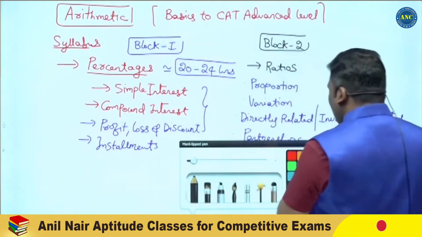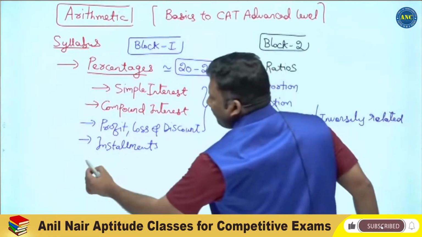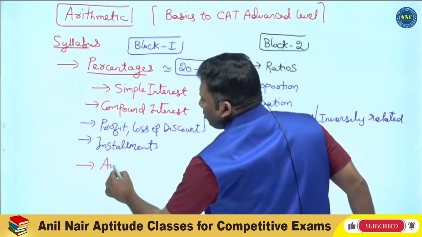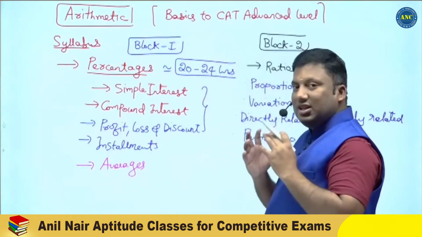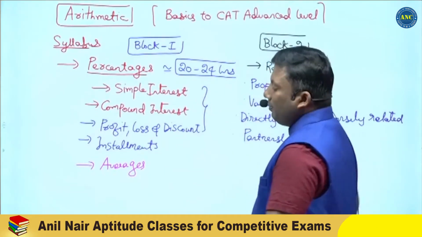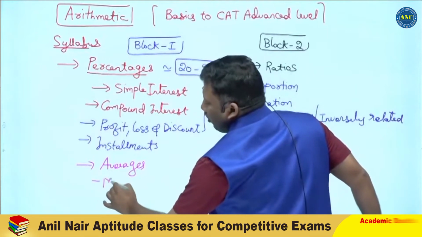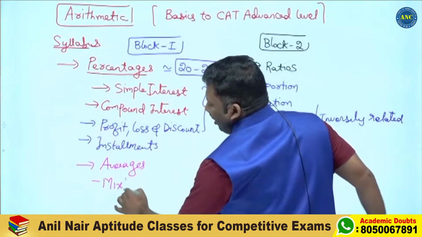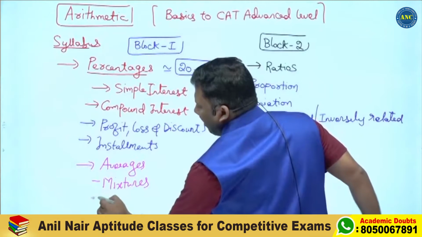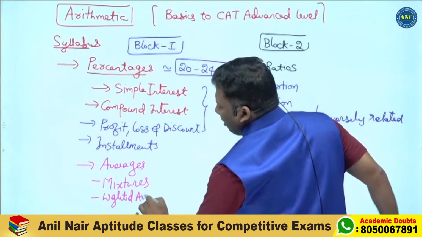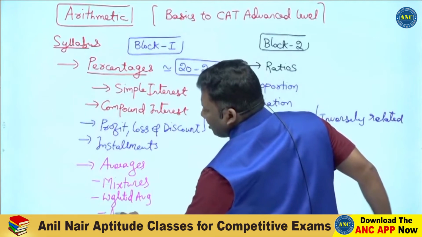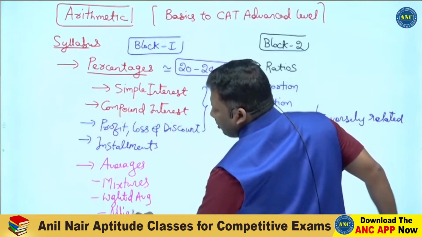And another, third most important chapter is averages. First we will see the average on a linear parameter. Then we will solve questions based on mixtures, weighted average, and alligation, which is the inverse of weighted average.